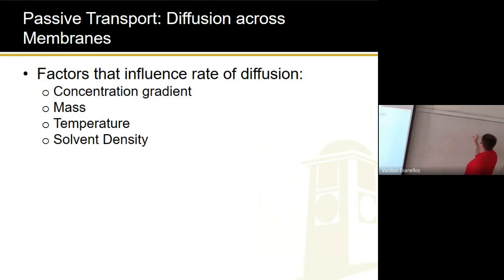So imagine you have a beaker of water, and you've got a little cell in there, and it has a salt solution. And the salt solution is, I don't know, 80% salt solution. And the water is 0% salt solution. It's just pure water, right? And then you have another beaker. Same setup.